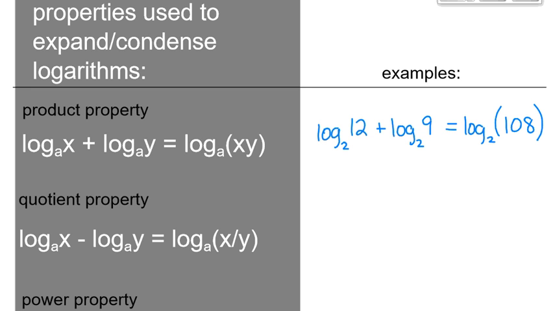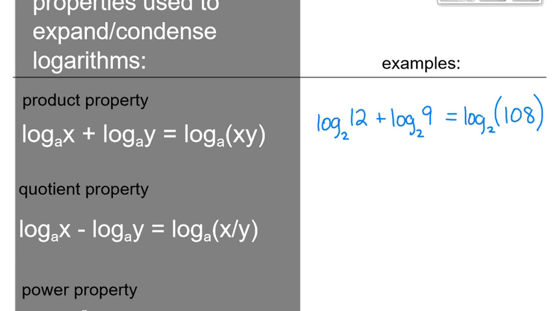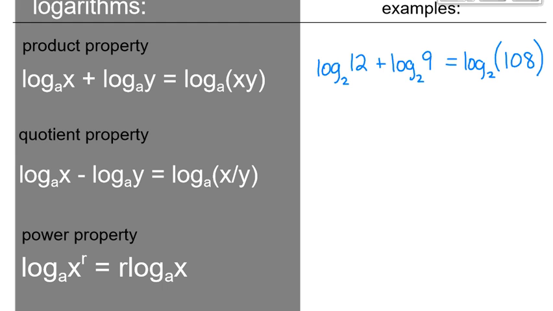That property can be proven. Obviously, right now I'm just showing you the property, not proving the property to you. There's an algebraic proof of it. You may have seen it in Algebra 2. We're just doing a quick review. The next is the quotient property. Log base a of x minus log base a of y equals log base a of x divided by y. So if you're subtracting logarithms, you divide their arguments.